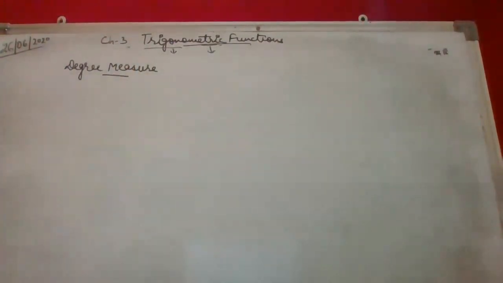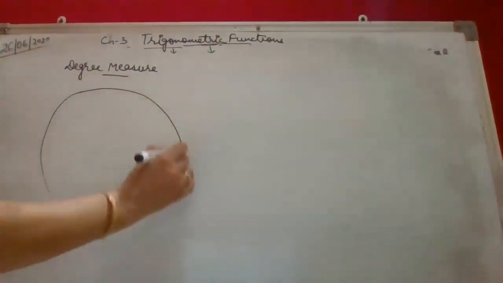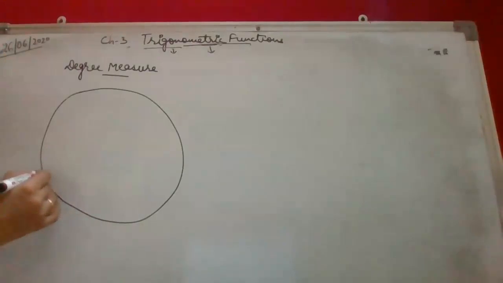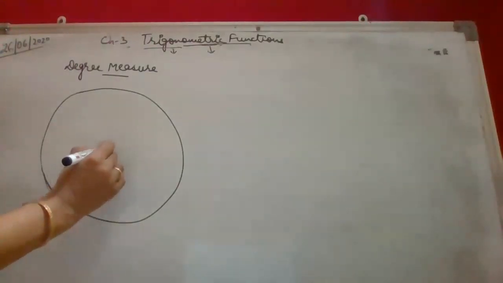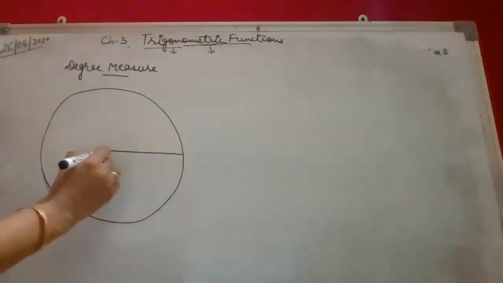Now, what is 1 degree? We are always measuring it with respect to some circle, right? Let us take it on the axis. This is the radius. Let us take it as OA.